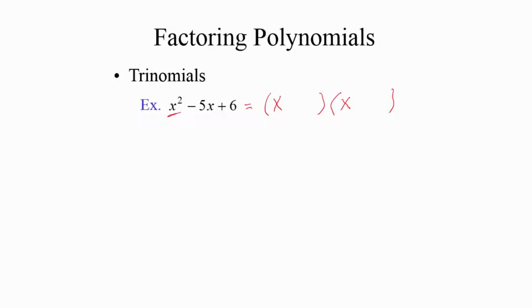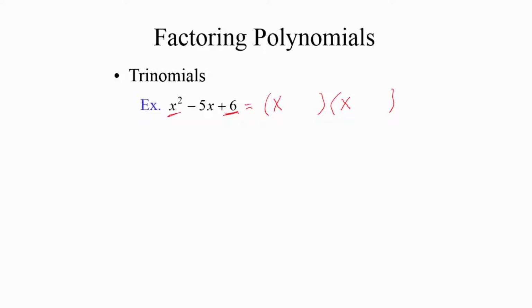Next, you go to the last term you have. You have a plus 6. You ask yourself, what two real numbers, if multiplied by each other, would give me a plus 6? Well, 1 times 6, both positive, would give me a plus 6. Negative 1 times negative 6 would give me a plus 6.